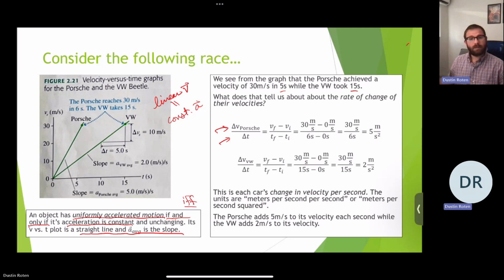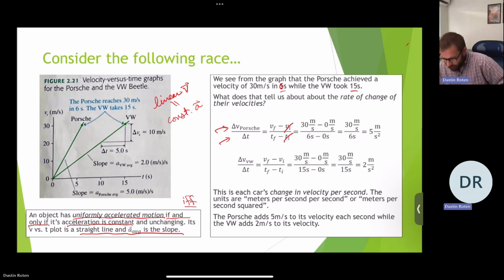All right, well, we can essentially just plug and chug in this slope equation that we have. We know that the initial time and initial velocity, those are 0. So those go away, and we're essentially just left with this final velocity divided by how many seconds it took to get there. So we know this up here should be 6 seconds. There, I'll fix that. Okay, so the Porsche did this in 6 seconds, not 5.